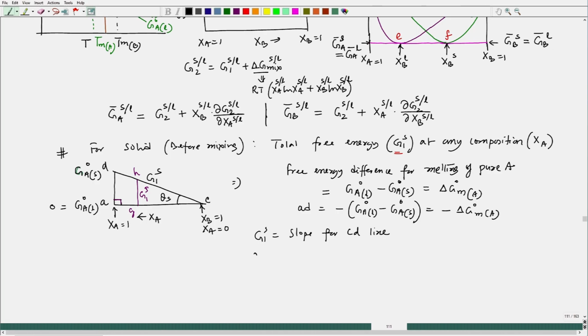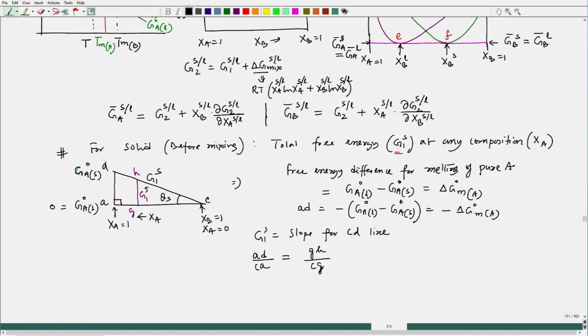So now I can write the slope AD by CA should be equal to GH divided by CG. I can write this.